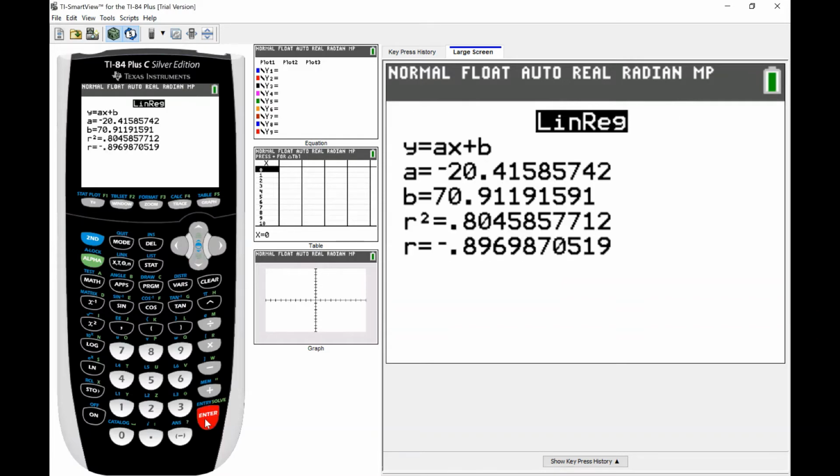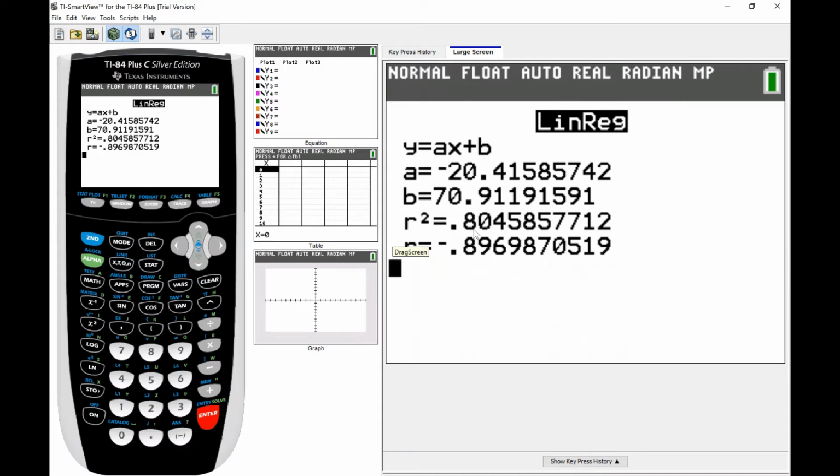And now, as you can see, we're given our equation, our slope, which is negative 20.42, and our y-intercept, 70.91. If I were to write that as an equation, it's y is approximately negative 20.42x plus 70.91. What you also need to write down is your r squared value, 0.80.